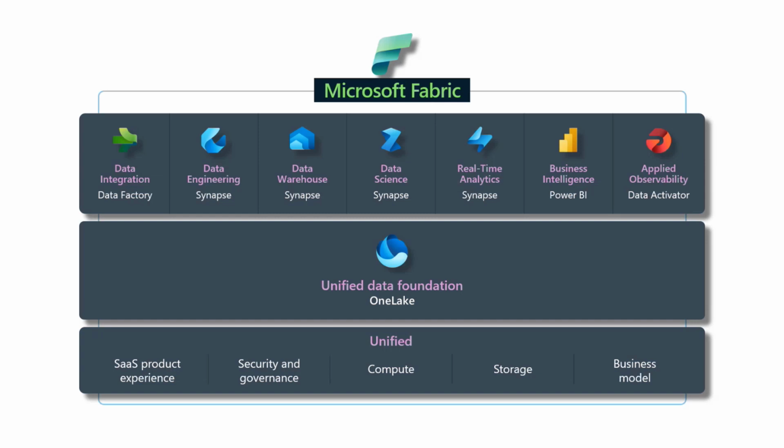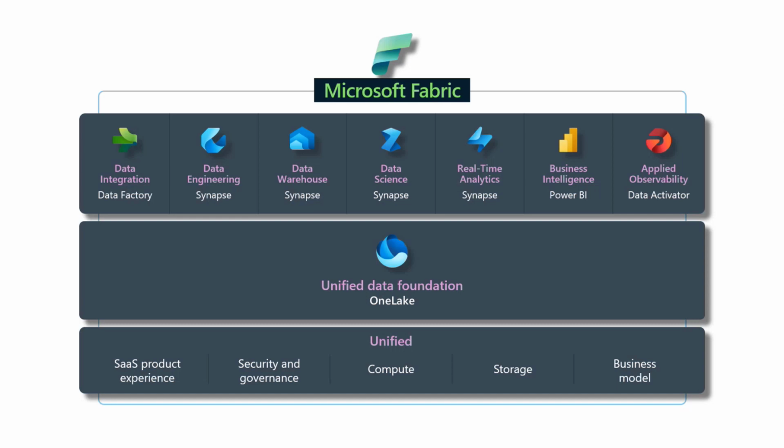We want to do something that is easy to use, that is end-to-end, from the beginning to the end. We don't need to leave the platform if you don't want to. And we have a unified experience, from the SaaS experience all the way to one unified business model, storage, and compute.